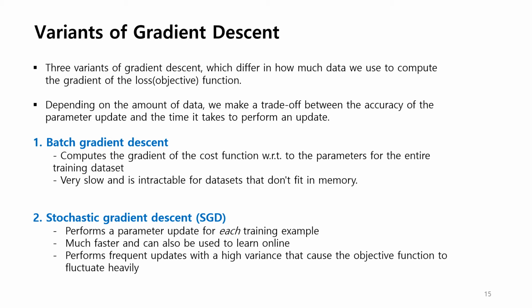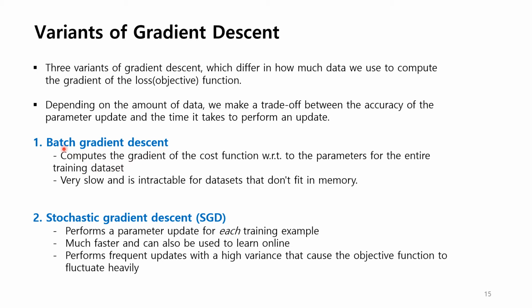So we're going to see three variants of the gradient descent method. The first one is called batch gradient descent. In batch gradient descent, you read the entire data, calculate the derivative by using the entire data, and then you update the parameters.